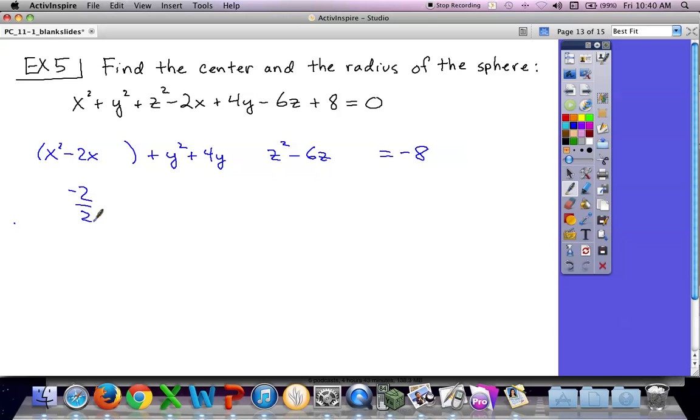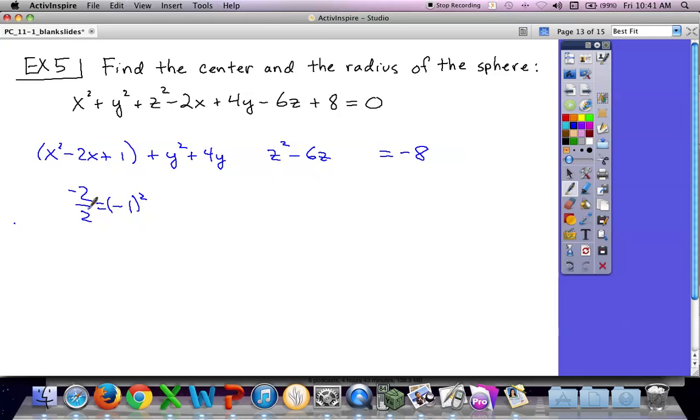Negative 2 divided by 2 is negative 1. Then what? And then you square it, and you get plus 1. That's how you find it. You divide the b by 2, and then you square it.